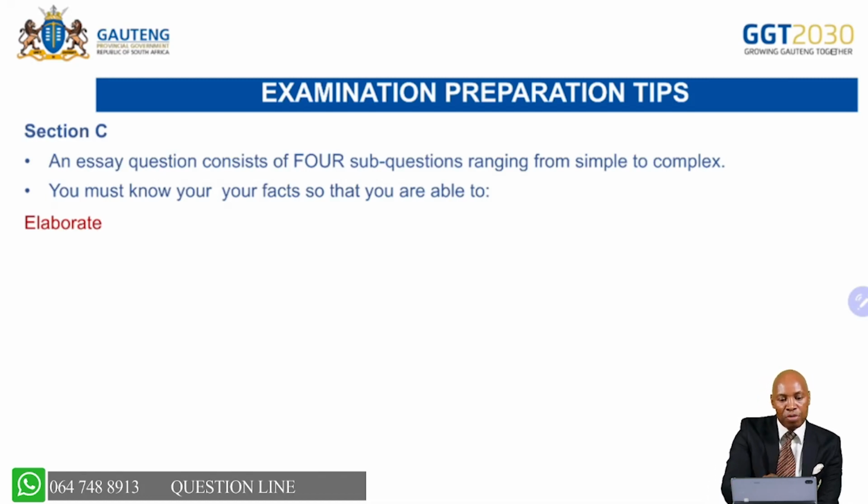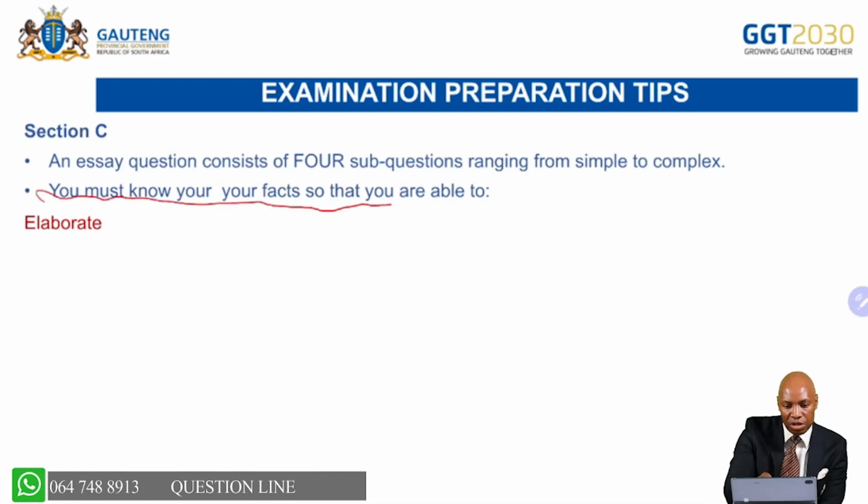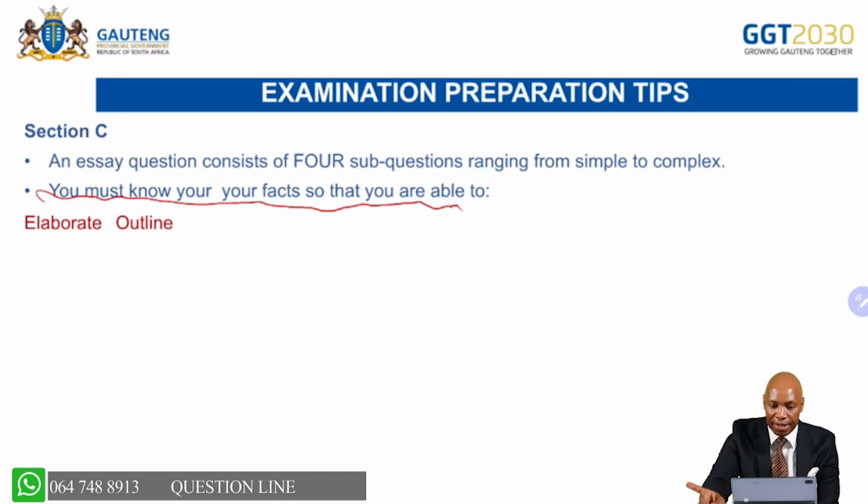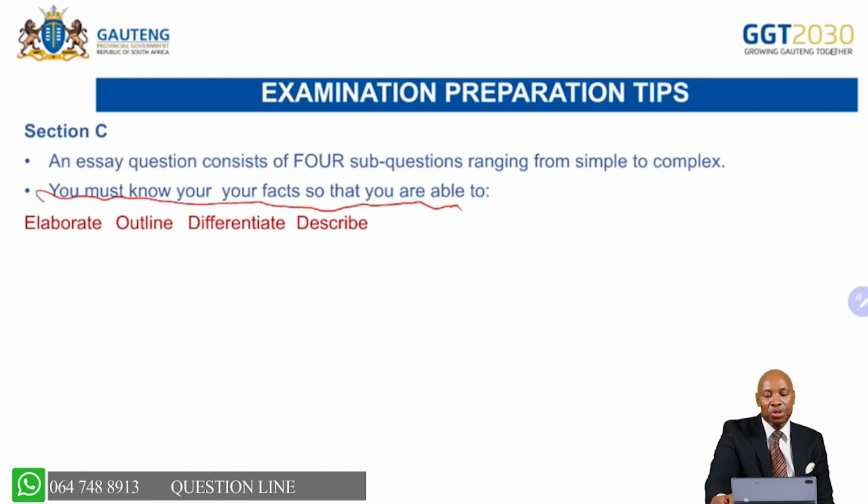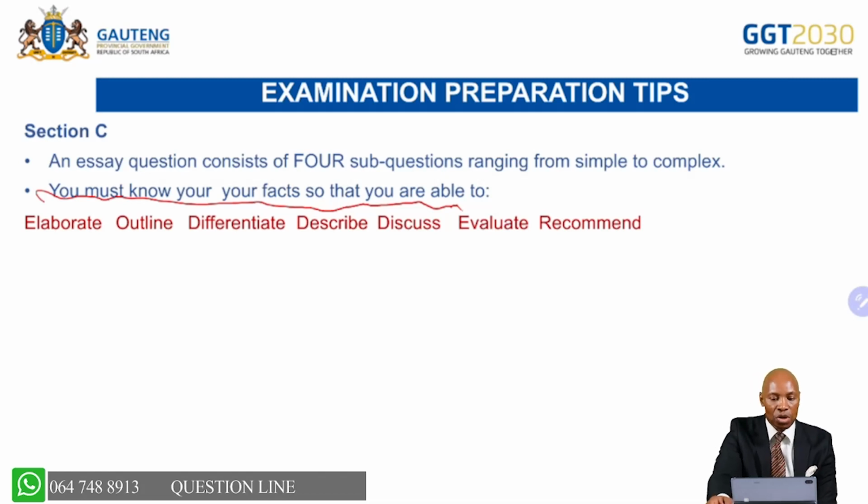You must know your facts so that you are able to outline, or differentiate, describe, discuss, and also evaluate and recommend. So it's important that you know your facts to be able to respond to these types of action verbs in section C.